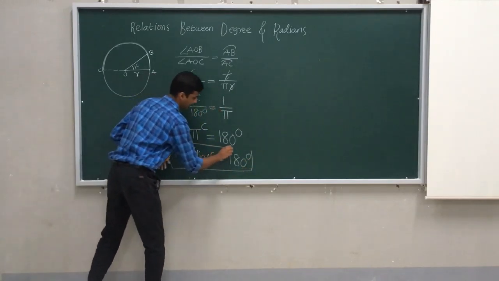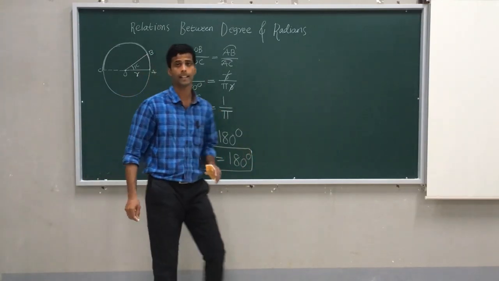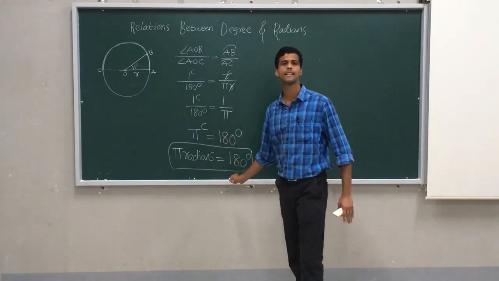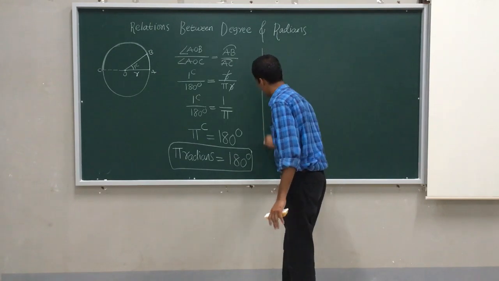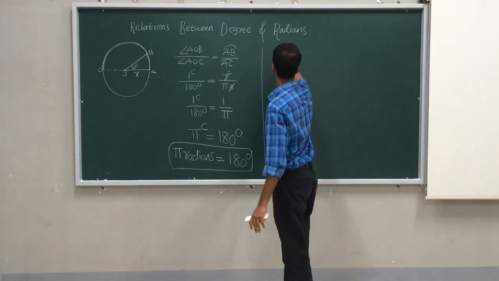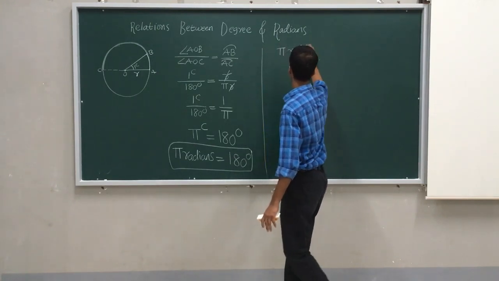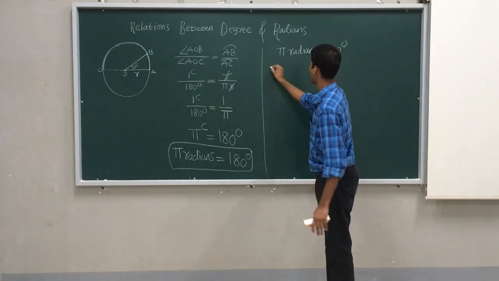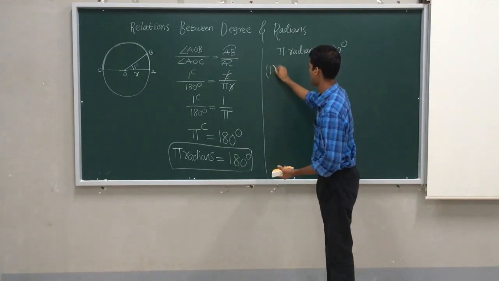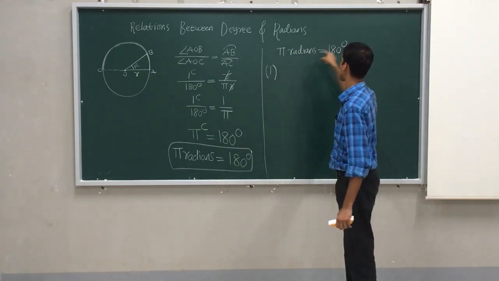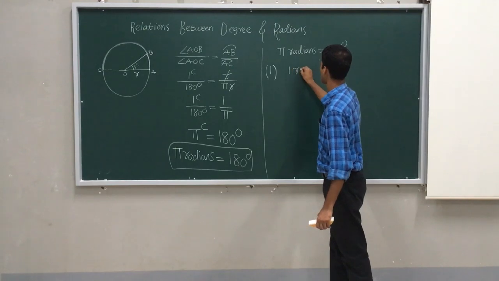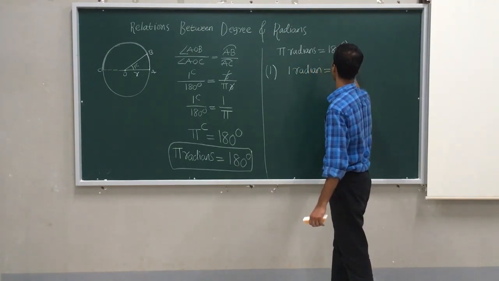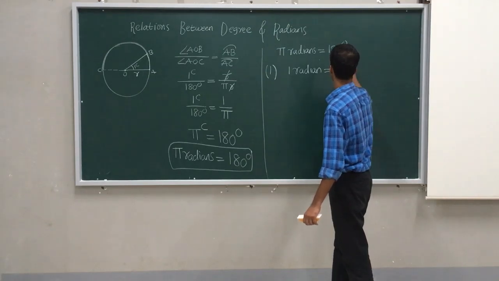This is the relation between degree and radian. This is a very important conversion. Therefore, the very first conclusion: if pi radian is 180 degrees, then 1 radian is equal to 180 divided by pi degrees.